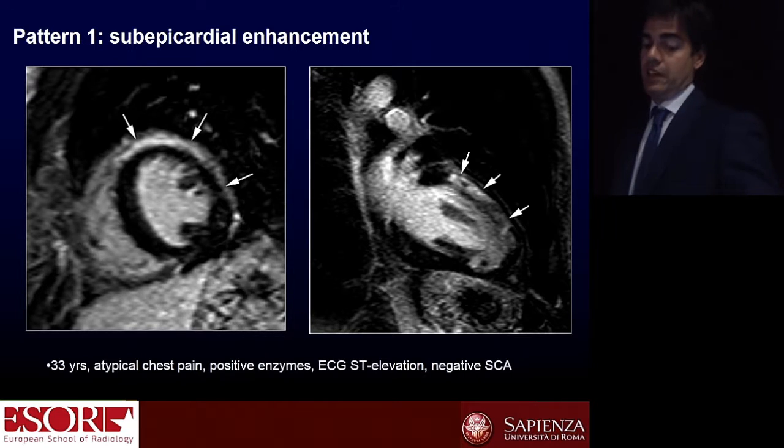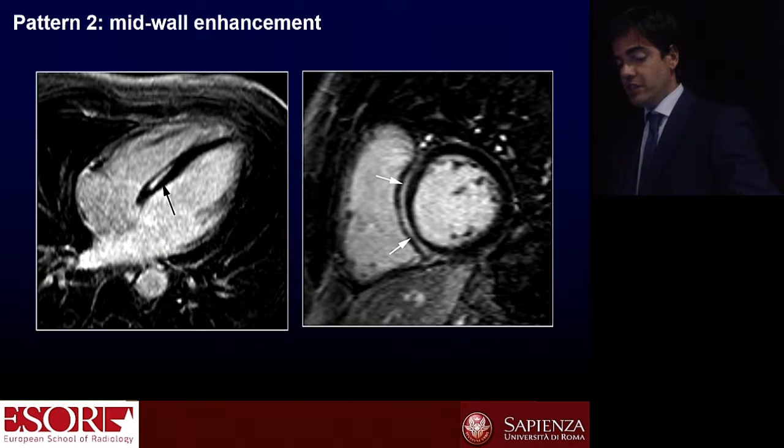Pattern number 2 is mesocardial, mid-wall enhancement. Like in this patient, we have a stria of high signal intensity in the septum, which is following the interventricular septum and something on the lateral wall.